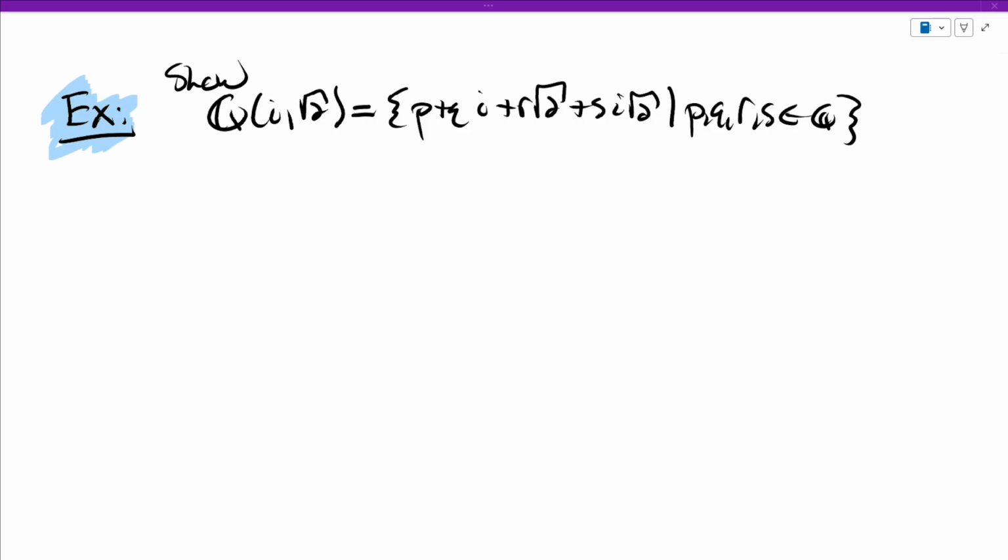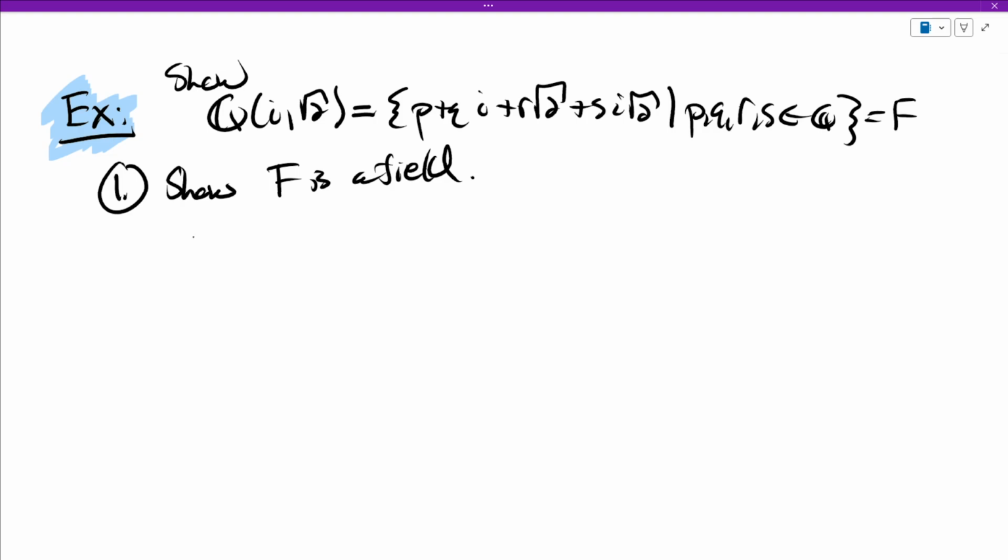The first thing we need to do is show, I'm going to call this F, that F is a field to begin with. Once we know it's a field, the proof that these are equal isn't too difficult. So let's go ahead and do exactly that.